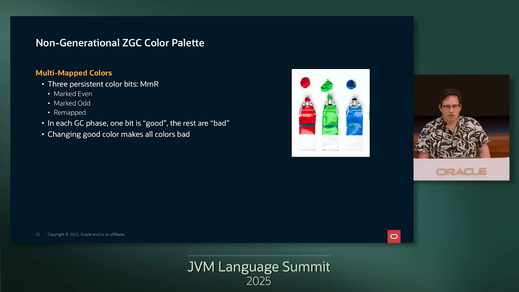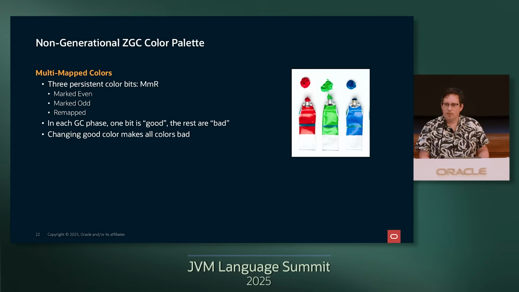The reason there are 2 colors for marking, call them here mark even and mark odd, is that it allowed us to recognize which objects had been marked in the current cycle versus the previous cycle, and which one is the current versus the last one would alternate between odd and even for every GC cycle.